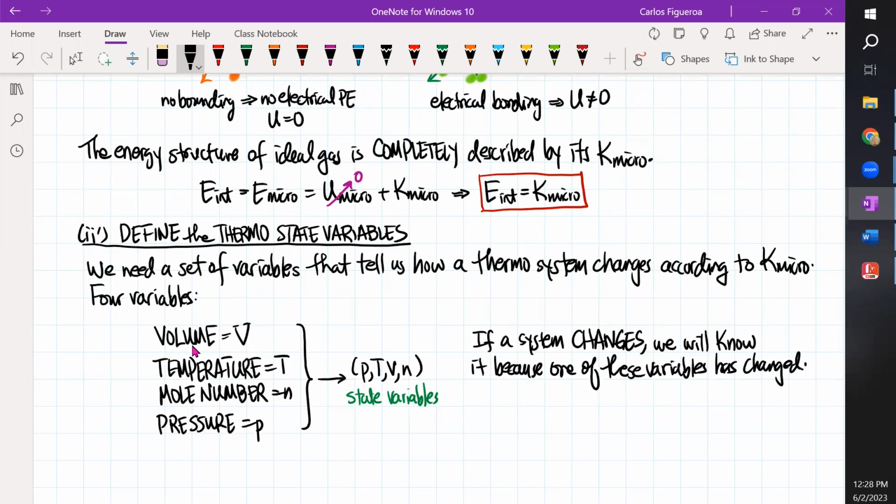In other words, if the pressure changes, we're going to know it, and therefore the system has changed, as well as the temperature, as well as the volume, and as well as the number of particles within the system.